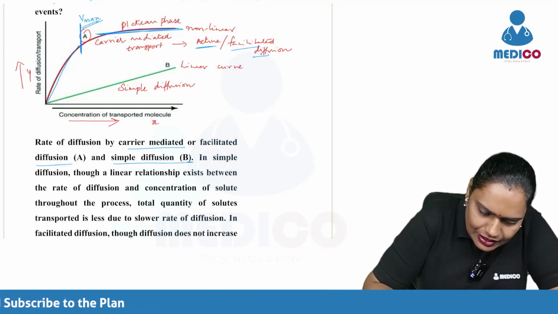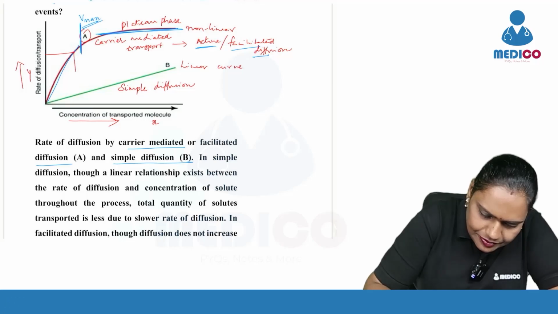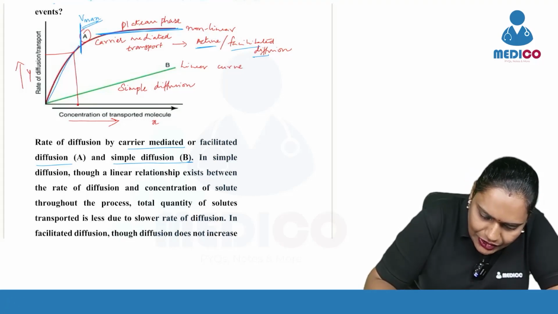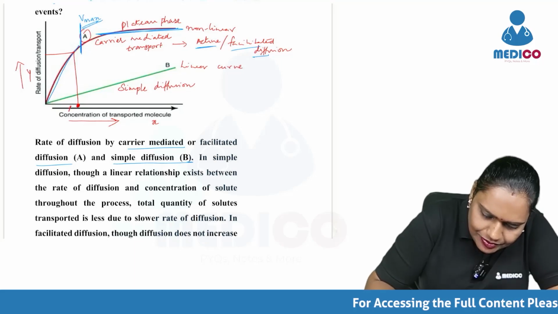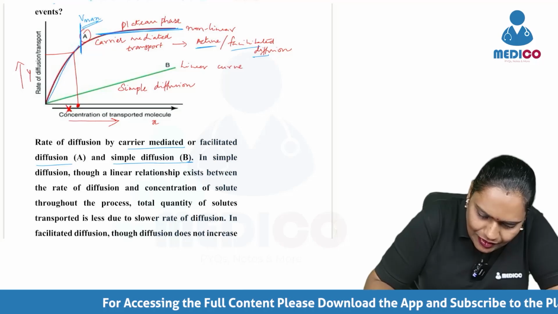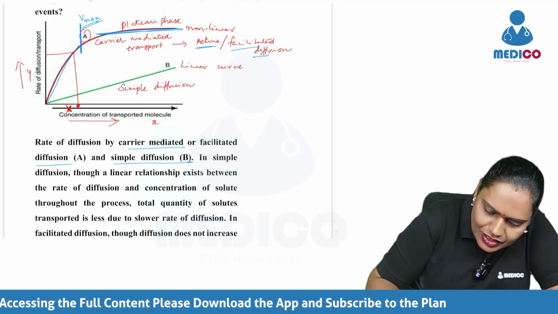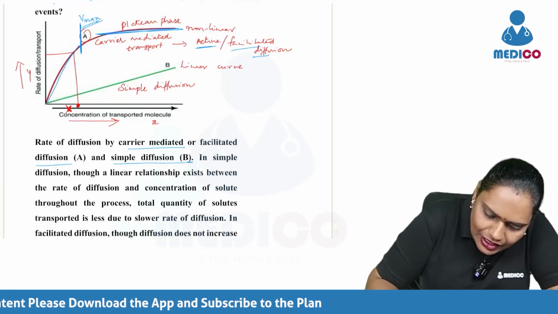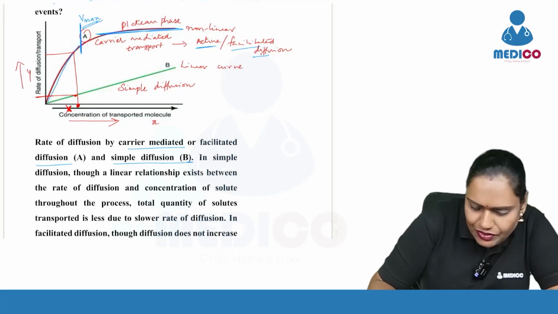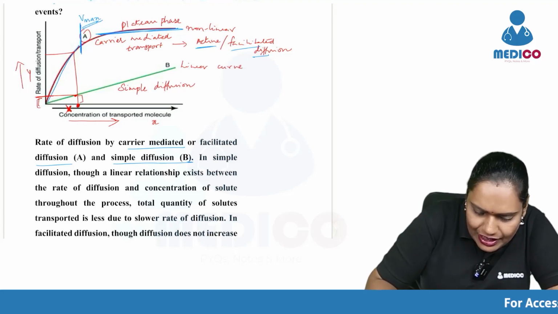Let us take this as a point, a particular concentration, let us call it X. At this particular concentration of the molecule, look at the rate of diffusion for simple diffusion. It is very, very small. The rate of diffusion is very less.